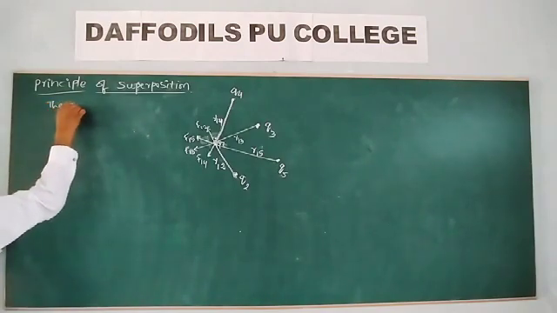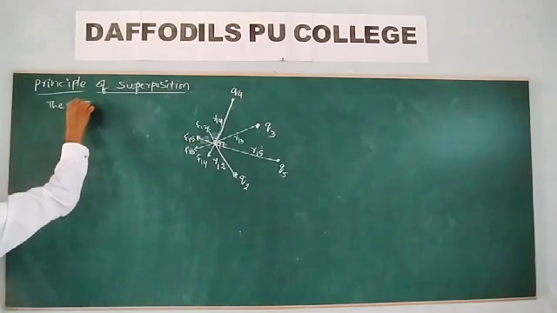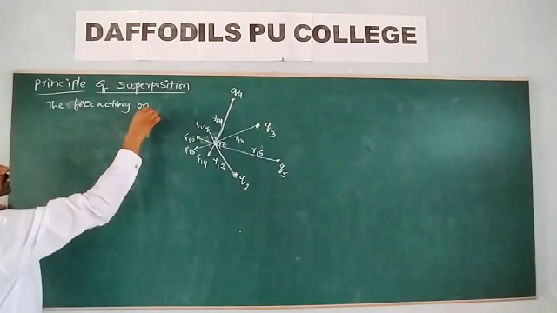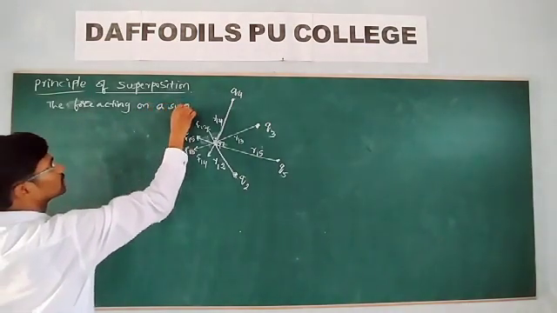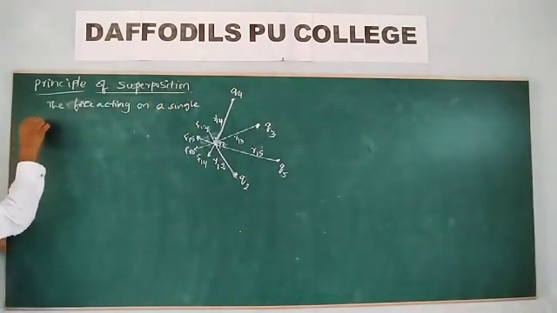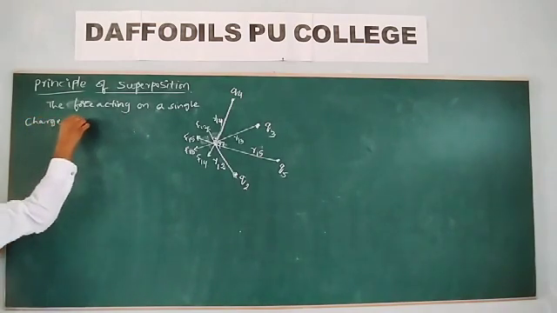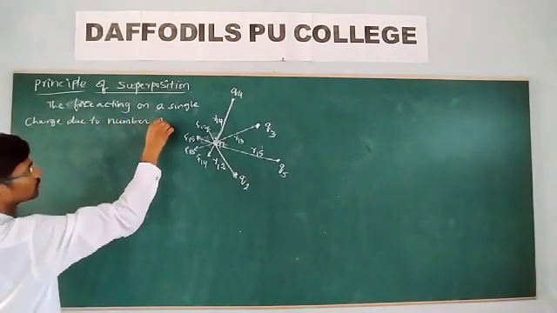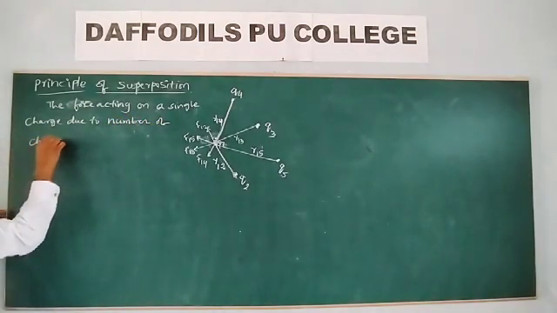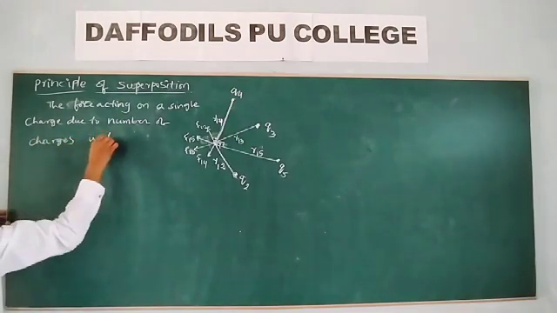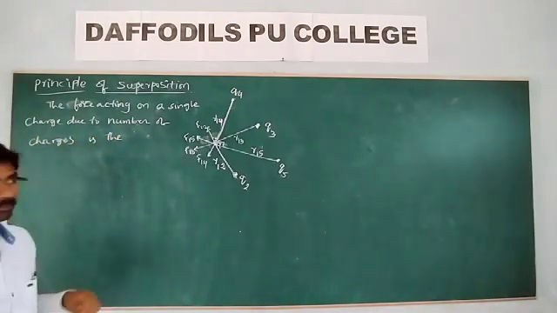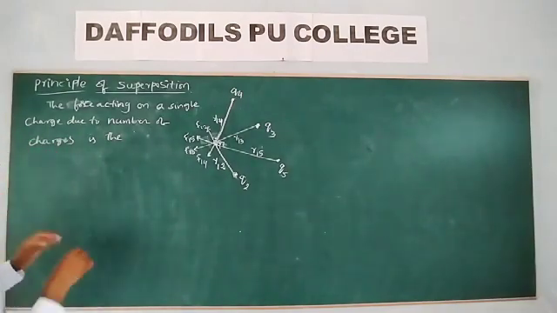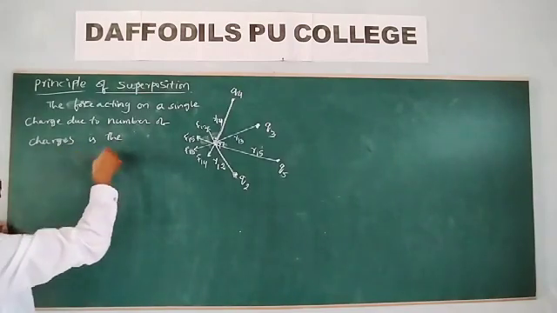Then what is the principle of superposition? The force acting on a single charge due to a number of charges is not algebraic, so we cannot add directly, but we need to take the vector sum of the forces acting on a single charge due to the number of charges.